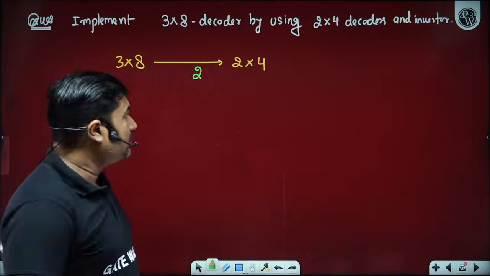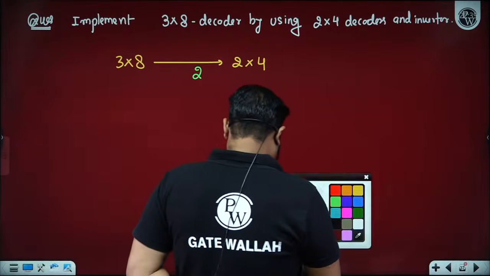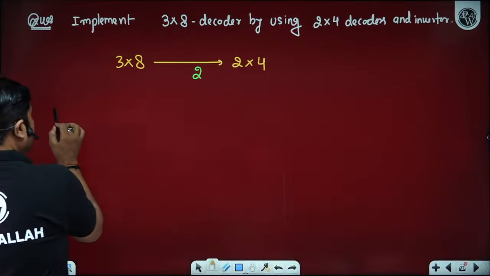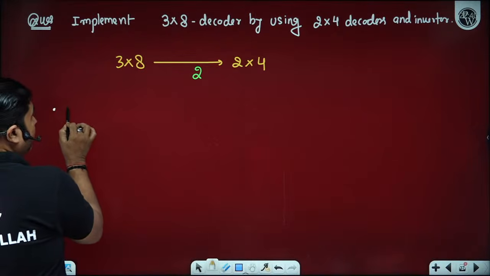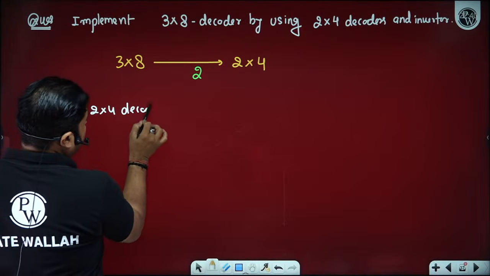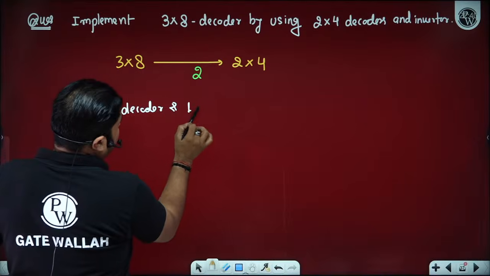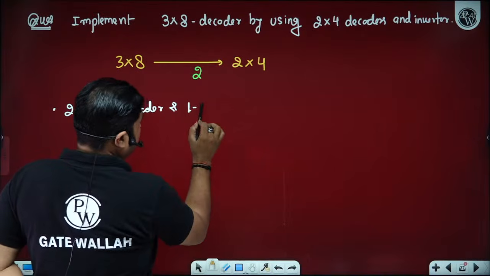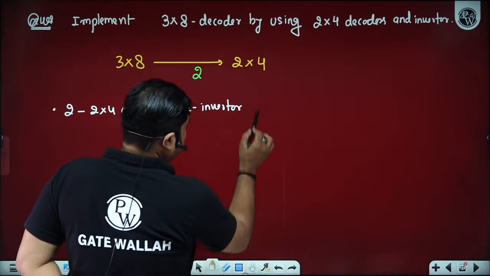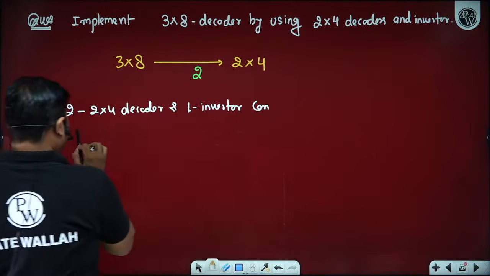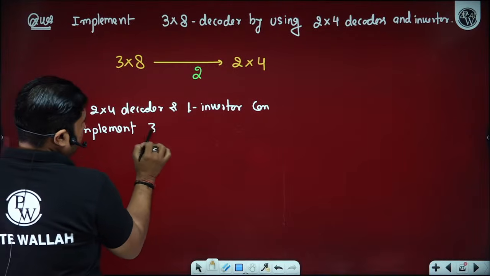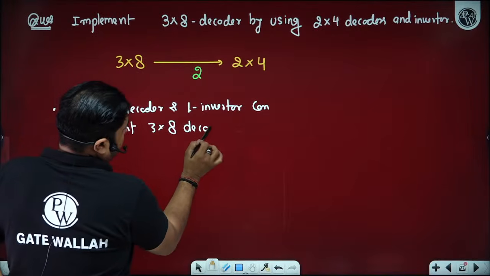Please observe here. Two 2x4 decoders and one inverter can implement a 3x8 decoder.